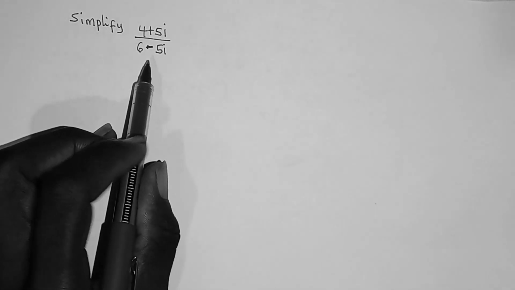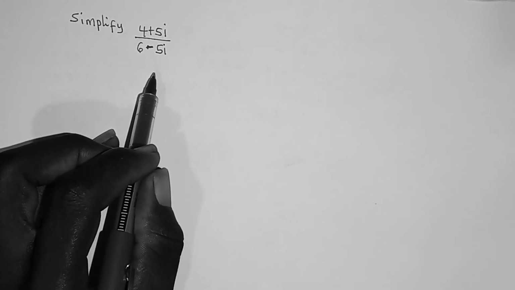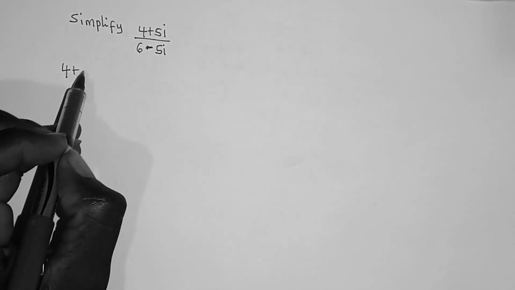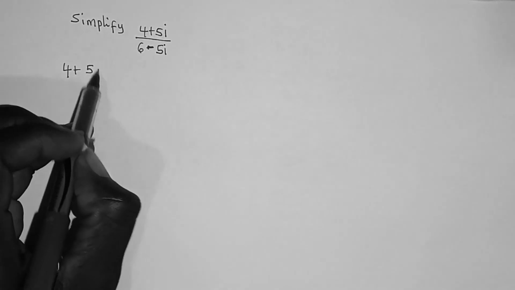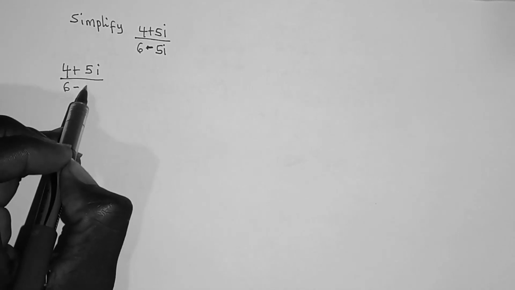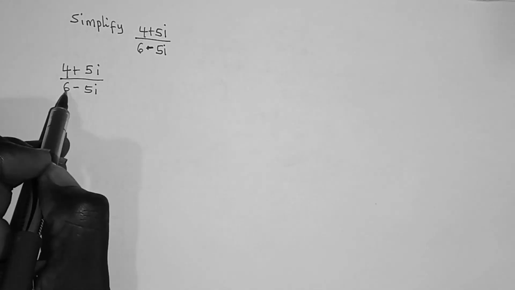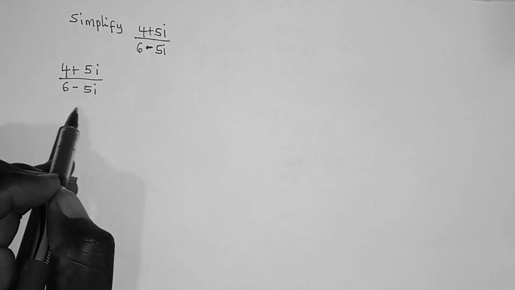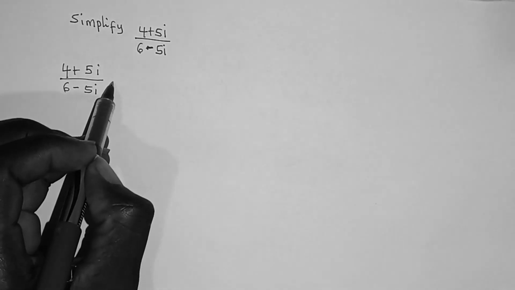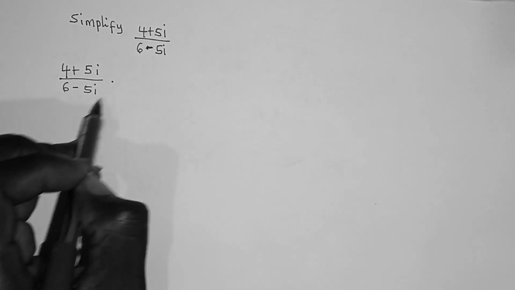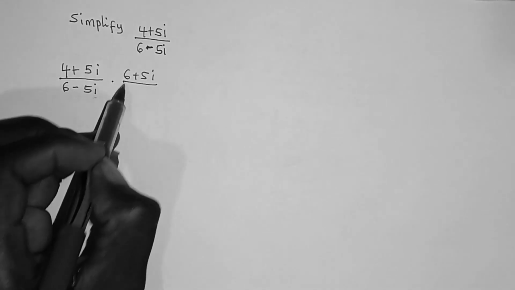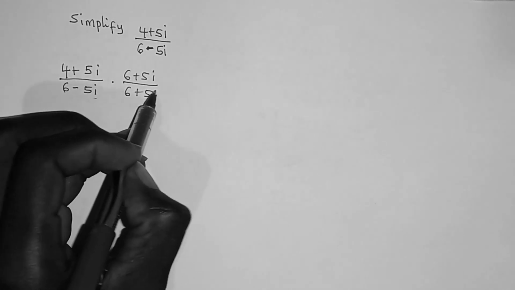So simplify 4 plus 5i divided by 6 minus 5i. Pause the video and try. So this is 4 plus 5i divided by 6 minus 5i. Now the way to go about it is by multiplying the numerator and denominator by the conjugate of the denominator. So this will be times the conjugate, 6 plus 5i divided by 6 plus 5i.